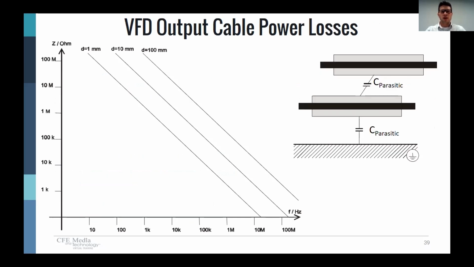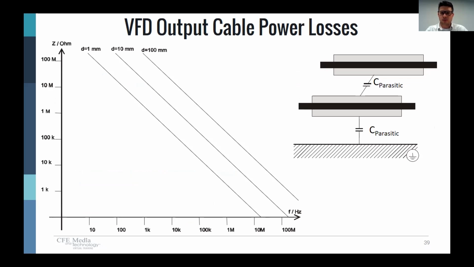Another potential for power loss is in the cable going from the VFD to the motor. And that's something called parasitic capacitance. It sounds fancy and important, but it's actually really easy. It's also more of a problem when it comes to electromagnetic compatibility, or your EMC problems. As the frequency of your signal gets higher, the impedance of your cable goes down because the cable actually starts to act like a capacitor with the cable conductor in the middle.